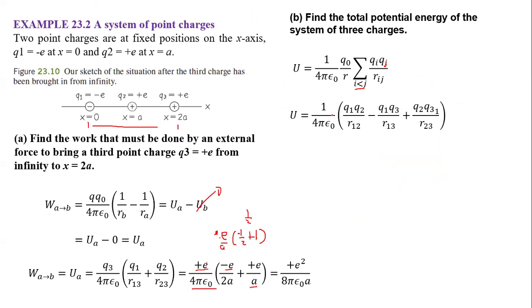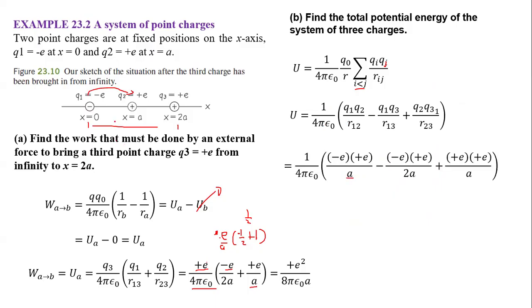So for example, we have q1 to q2. This one to this one, the distance is a and the charges are negative and positive. The next is q1 and q3. So we have negative, positive, and the distance is 2a. And the next is q2 times q3, so we have positive e over a.